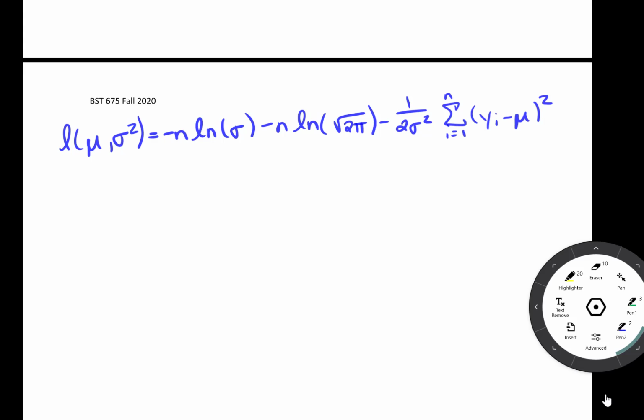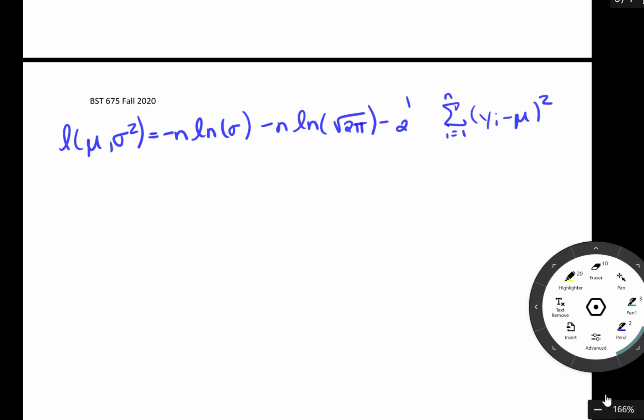Now, we want to find the MLE of sigma squared. So we're going to want to take the derivative with respect to sigma squared. And notice this is going to be kind of hard because here we've got a sigma and here we've got a sigma squared. So all I'm going to do to fix that is the following.